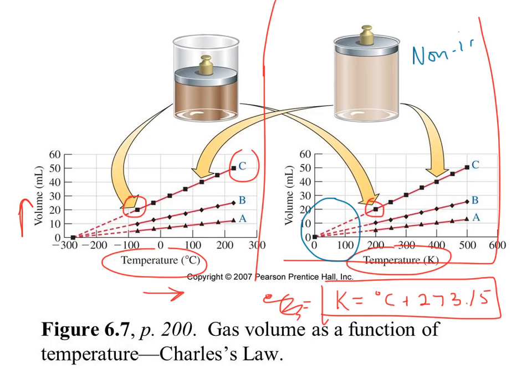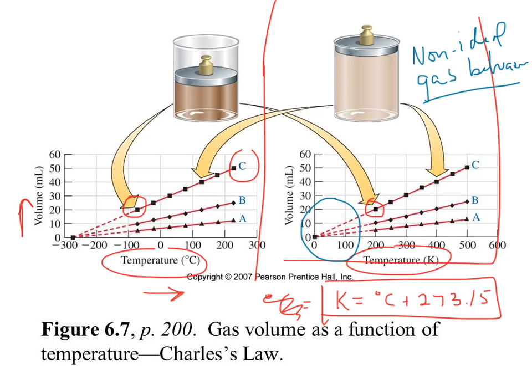Non-ideal gas behavior. We said that in order for a gas to behave ideally, it doesn't care that there's any other particle there, there are no intermolecular bonds, and basically the size of the gas particle is 0.